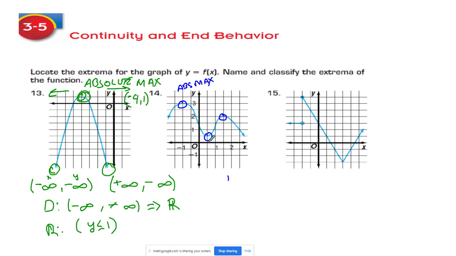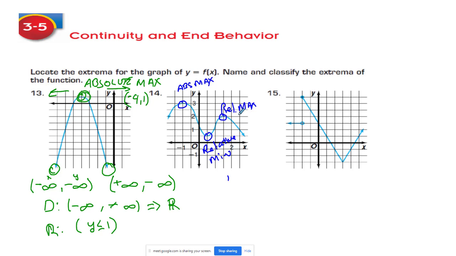This is relative because relative to the area on the graph that it's around, it is the lowest point. So it's a relative min, and here's a relative max. So that's how we would classify those extrema points there.